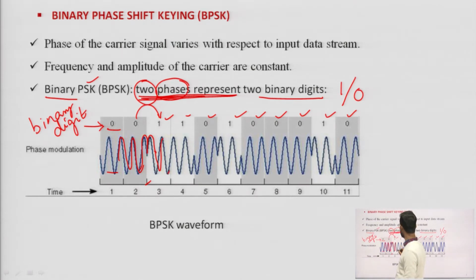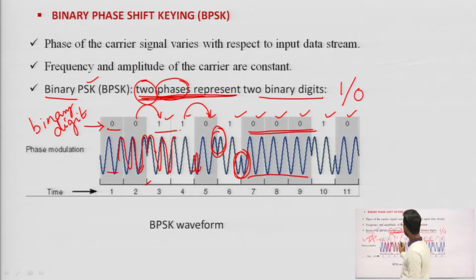For 1 1 there is no phase shift change. When 1 transitions to 0, the phase shifts again, and again for 0 1. So wherever the bits change, 1 to 0 or 0 to 1, a phase reversal occurs. If continuous zeros come, there is no phase reversal; if continuous ones come, there is no phase reversal. This is your BPSK waveform.